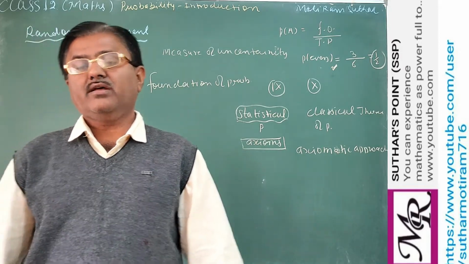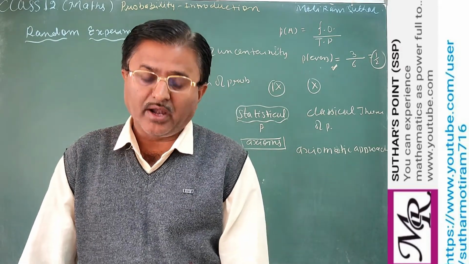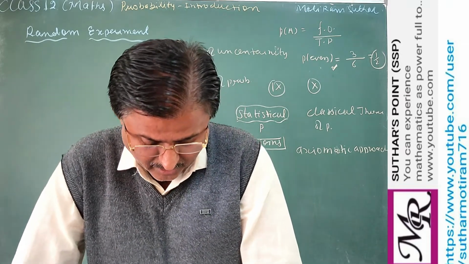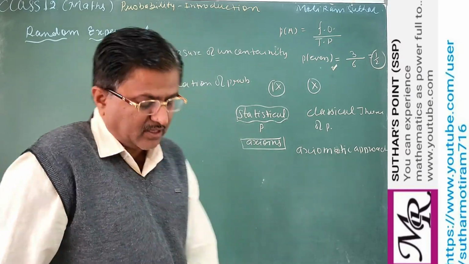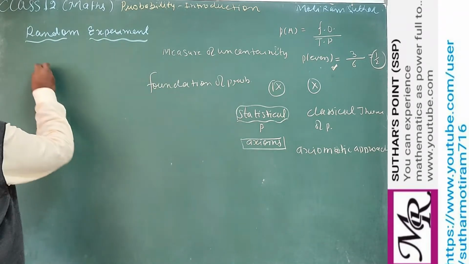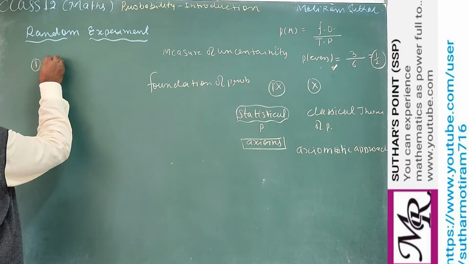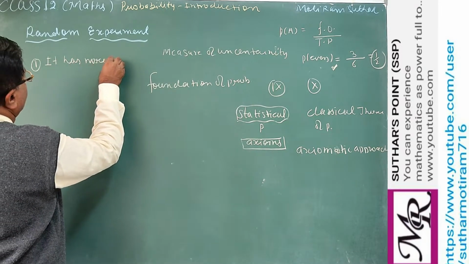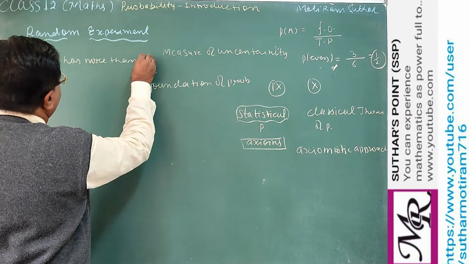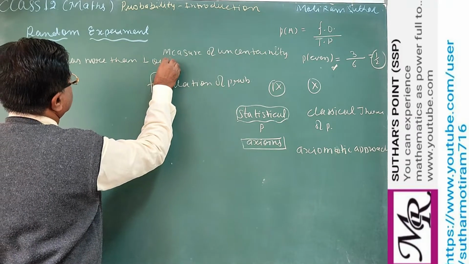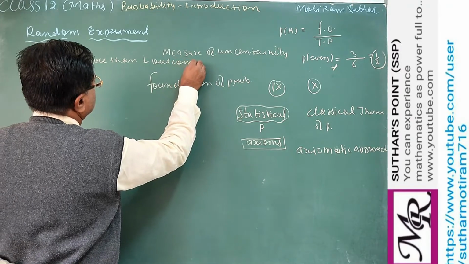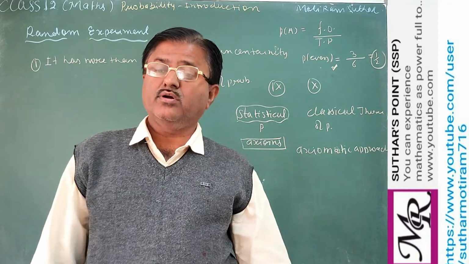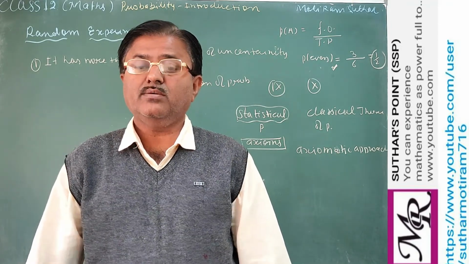Different results are there. So an experiment is called a random experiment if it satisfies two conditions. First, it has more than one possible outcome.